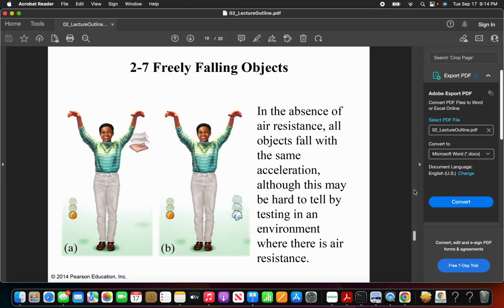Because the earth is so big compared to the bowling ball and the marble. Obviously, the bowling ball is bigger than the marble, but compared to the earth, the bowling ball and the marble are the same thing. The earth is that big. The earth treats those two objects as the same thing.